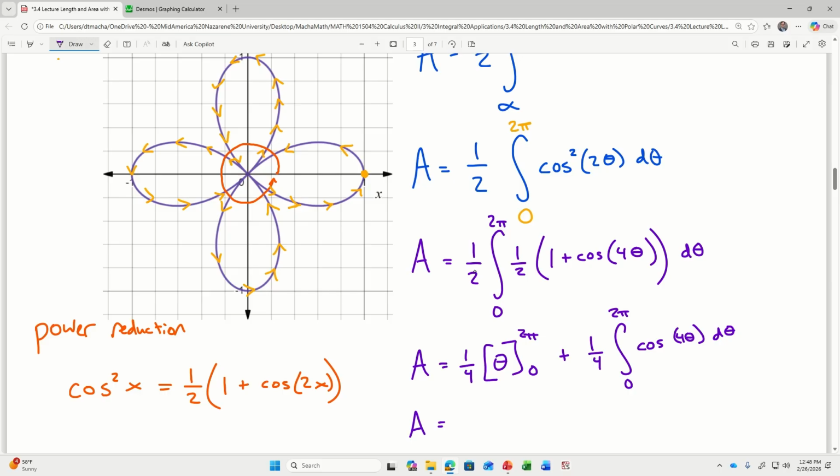And so that's going to be 2 pi divided by 4, which is pi over 2, plus 1 over 16 sine of 4 theta evaluated at 2 pi and at 0. By the way, what is sine of 8 pi?